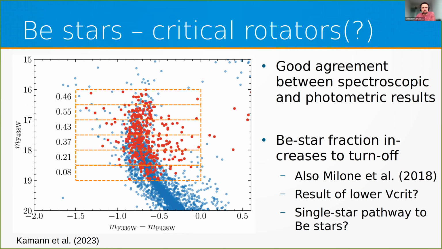But there should be a sweet spot with mass ratios of the order of 0.5 to 0.6, where we should see most of the binaries. But this doesn't seem to be the case.